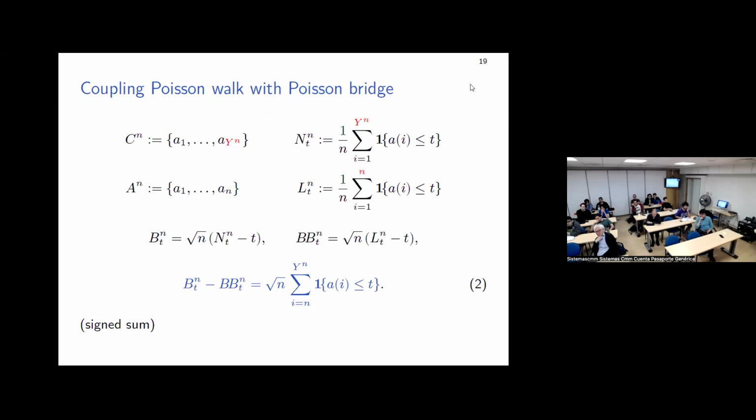Okay, now you couple the Poisson walk with the Brownian bridge. We saw the Poisson and the Bernoulli is that.